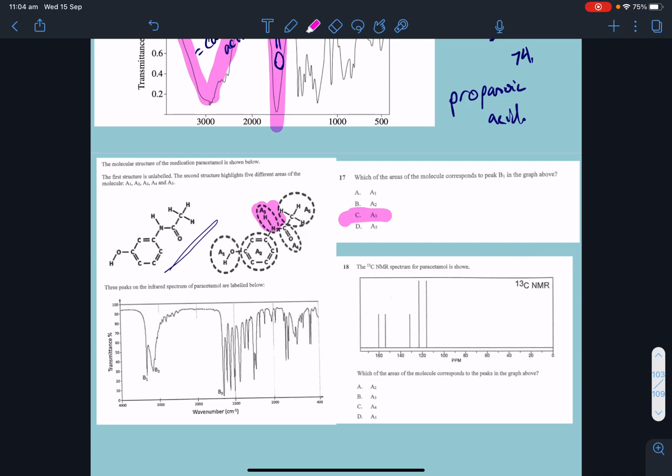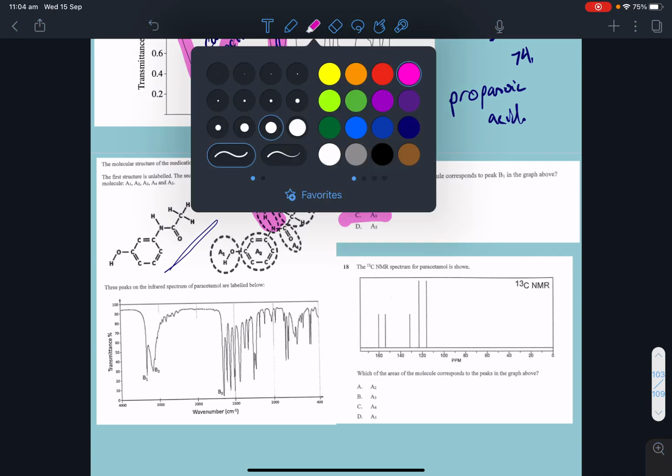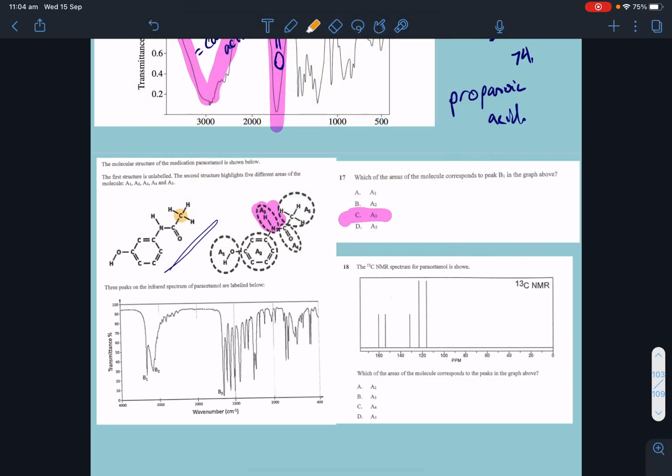Look at how many carbon environments there are. We've got this one, then this one, and then 1, 2, because this is lopsided too, 1, 2, 3, 4, 5, it's 8, but 1, 2, 3, 4, we've got 5, so some of them must be the same.